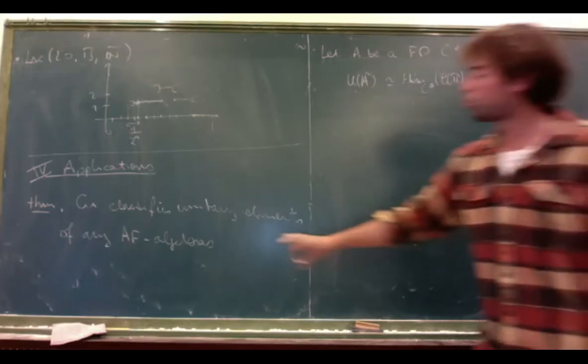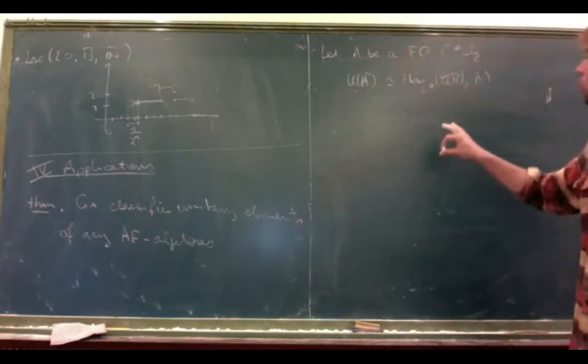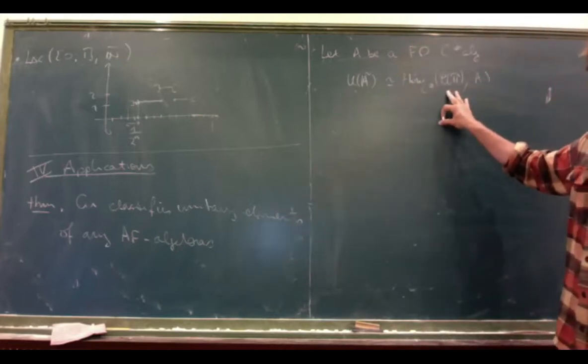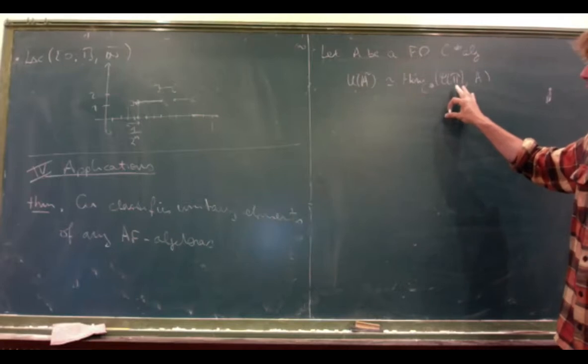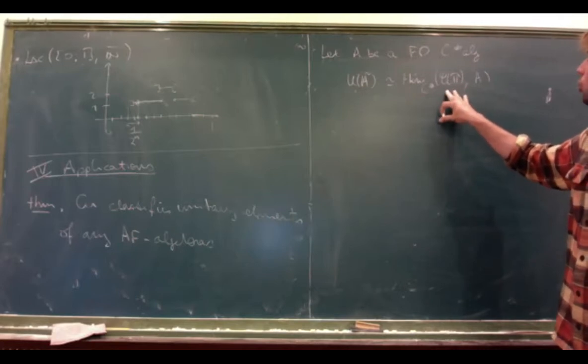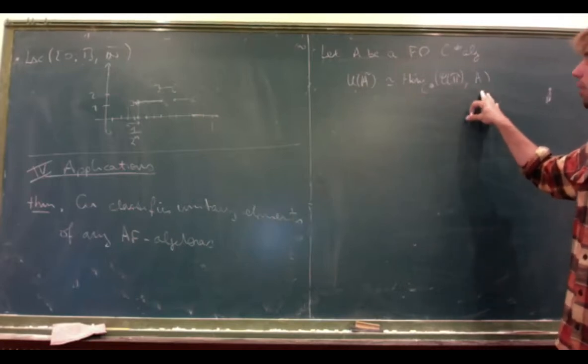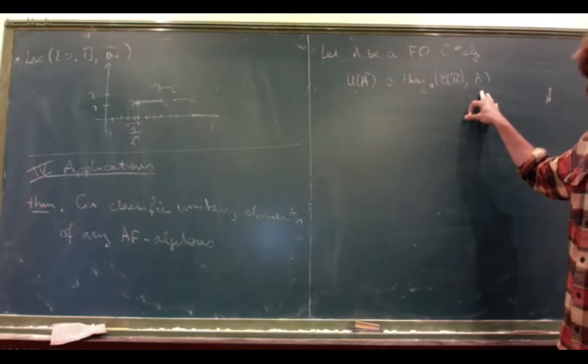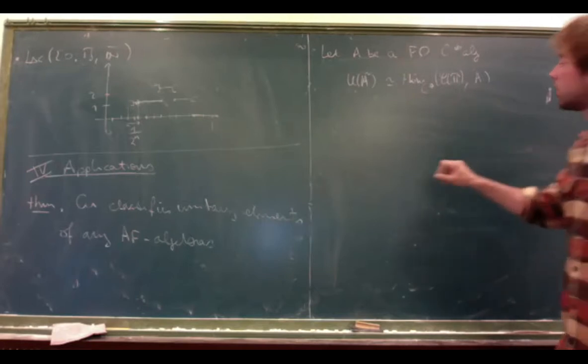And basically the proof is stating that the Kuntz semigroup classifies homomorphisms from the continuous functions over the circle into an approximately finite dimensional C-star algebra, okay?